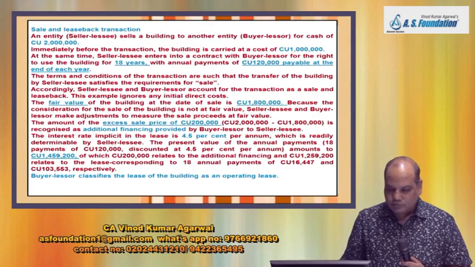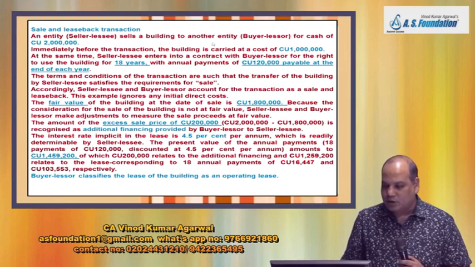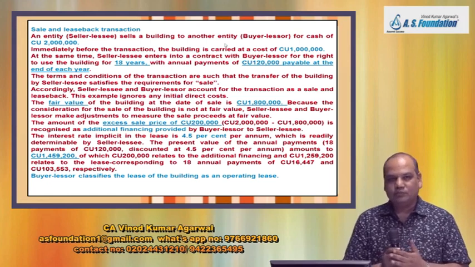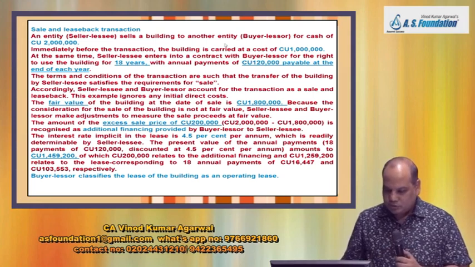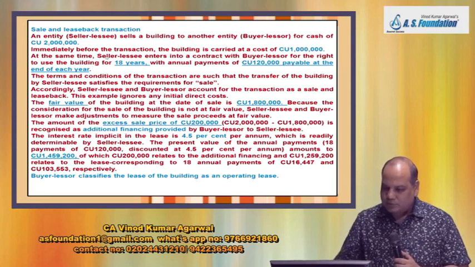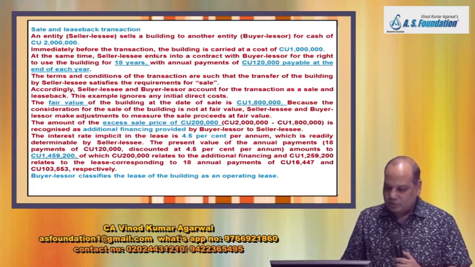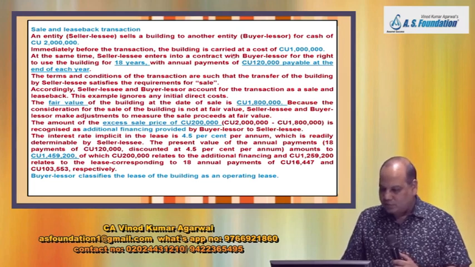I'll go slowly. Sale and leaseback transaction, an entity, that is the seller lessee, sells a building to another entity, that is the buyer lessor, for cash of rupees 2 million. Immediately before the transaction, the building is carried at 1 million.